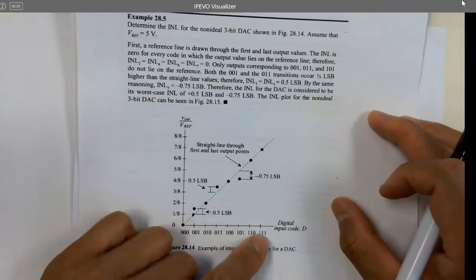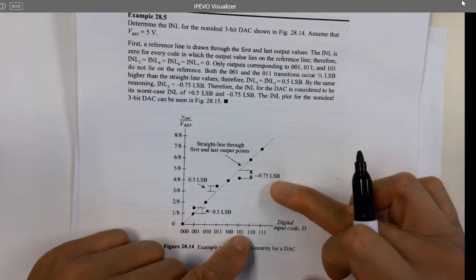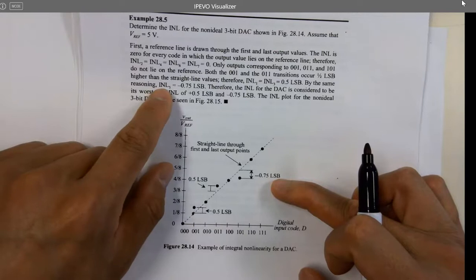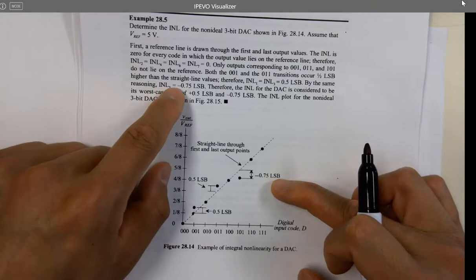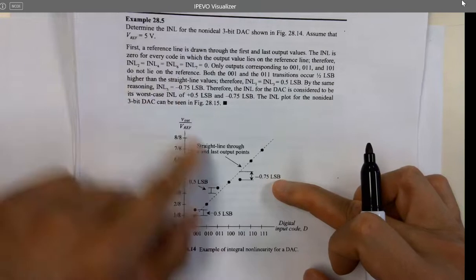So now let's take a look at it. So this is INL what? INL5 is what? Negative 0.75 LSB, right? Okay, so that was correct. So your calculation was correct.